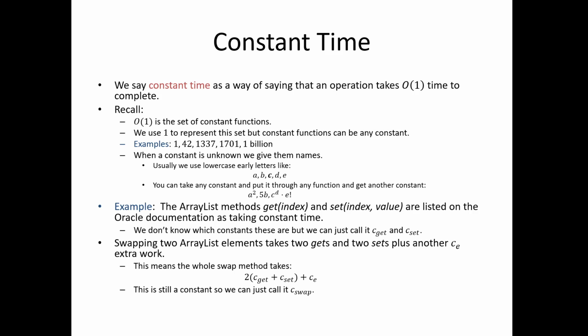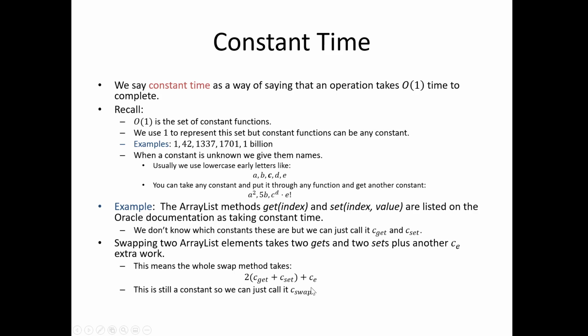And so I went ahead and I said, well, the total cost then is given by this function here: 2 gets, 2 sets, plus some extra work. And then following the pattern I mentioned above, those are all constants, and we're putting them through some functions.